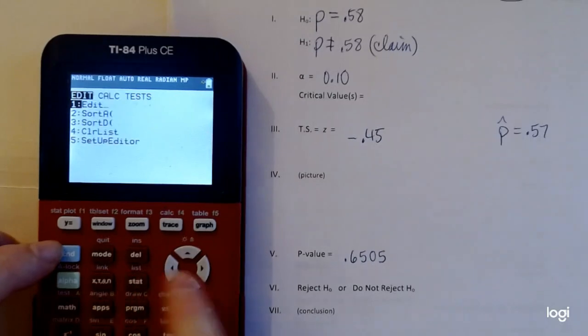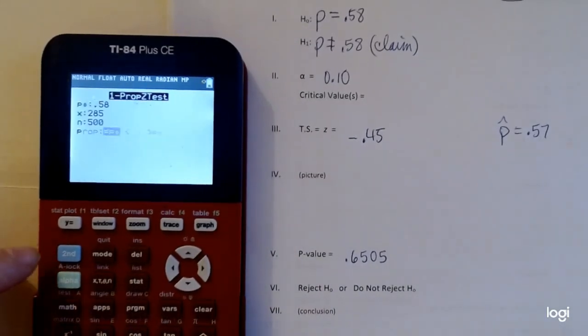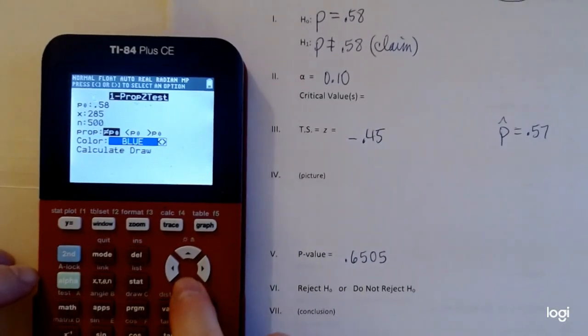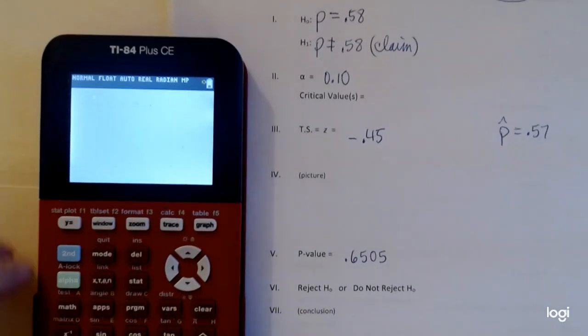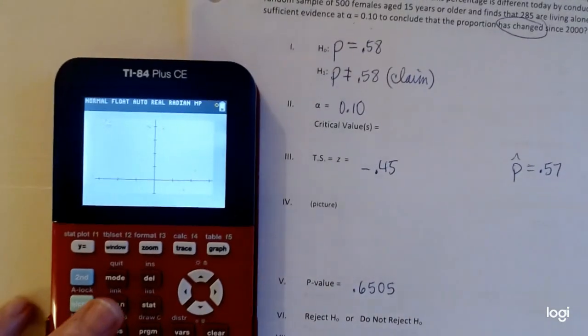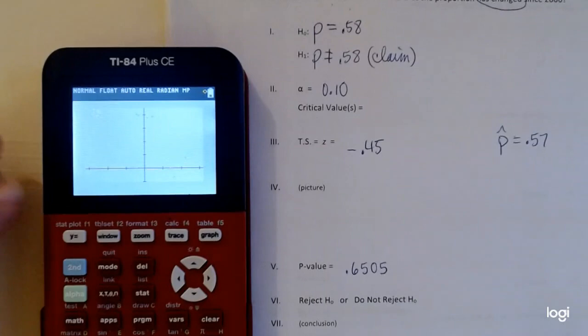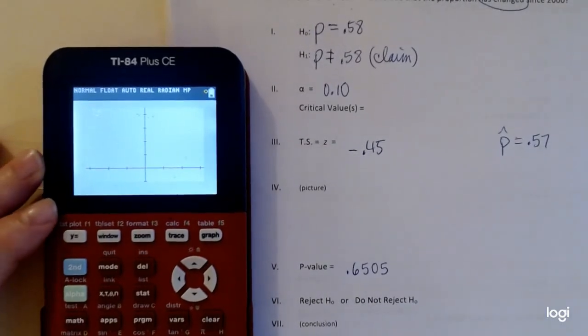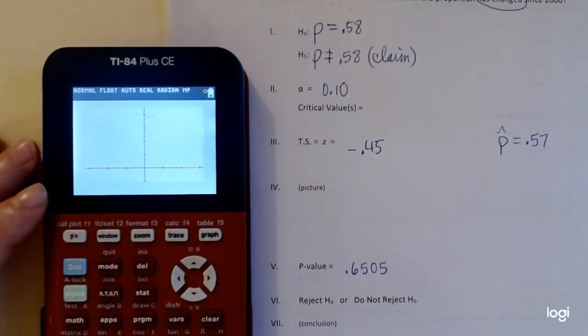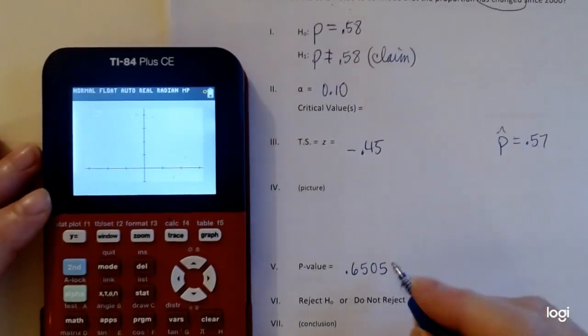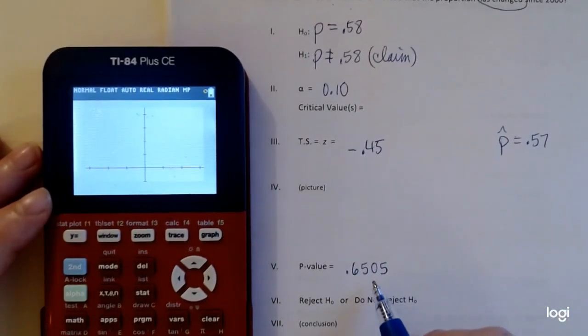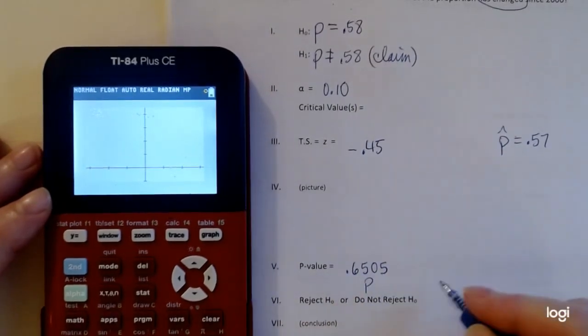So we go back to stat, test 5, come down here to draw. And again, I don't know why my calculator's gotten so slow at drawing this. It used to be a little faster. I guess it's getting older. While we're waiting on it, if we look at the p-value versus alpha, so this is p.